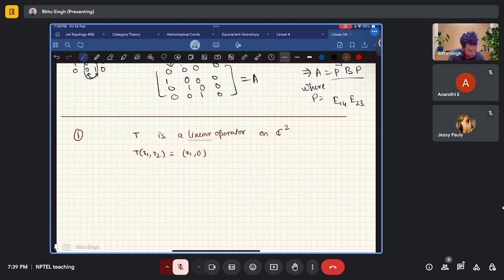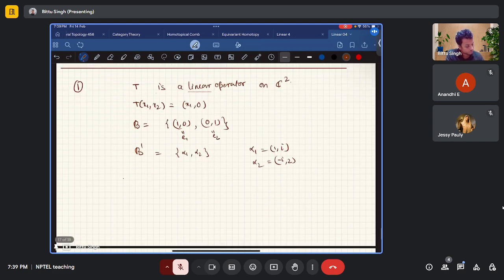And there are two bases. B is the standard basis, which means in C2 it is 1 0, 0 1, and maybe we can denote it by E1, E2. And B dash is alpha 1, alpha 2, where alpha 1 is 1 comma I and alpha 2 is minus I comma 2.